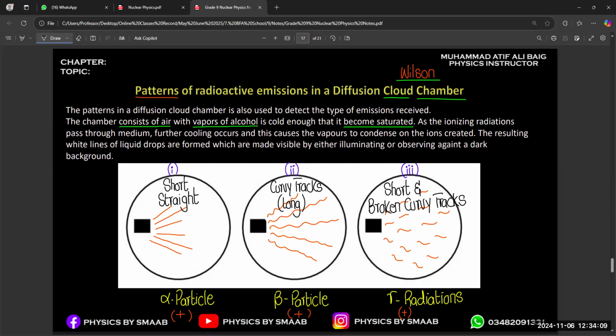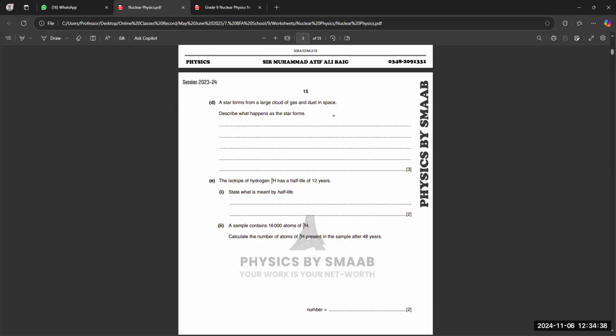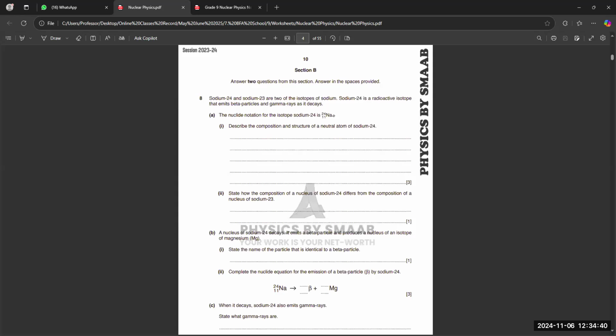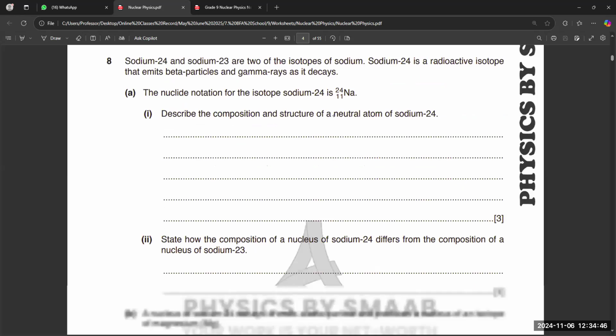Now let's practice the rest of the questions from this chapter, because we added one more topic to it. Now we are able to solve most questions from the past papers worksheet. So let's see the questions. Start from the latest one.